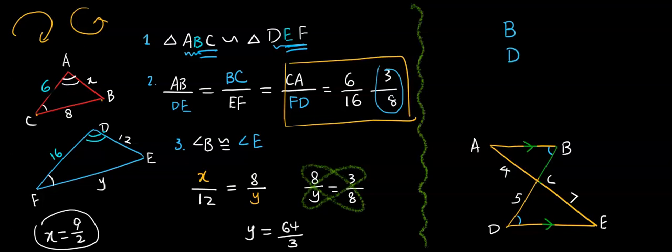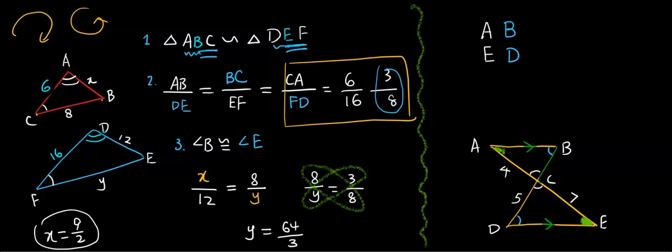And since there are parallel symbols, we can also say angle A and angle E are congruent, corresponding. Therefore, I'm going to write down A and E vertically. You see here, these two angles are congruent because vertical angles are congruent.